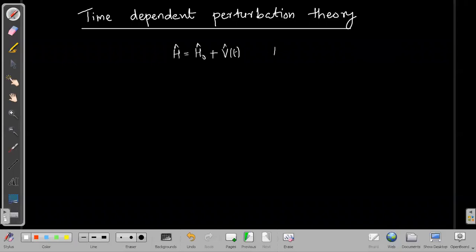H0 is the time independent part of the Hamiltonian, and which is completely solvable, where V of t is a perturbation.